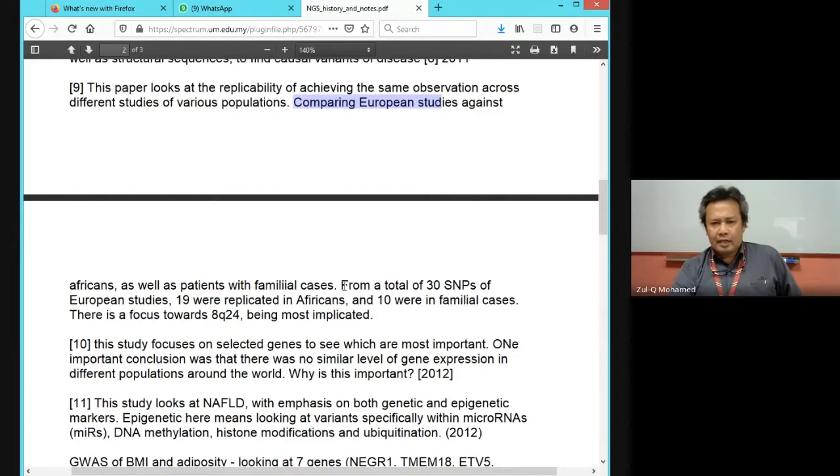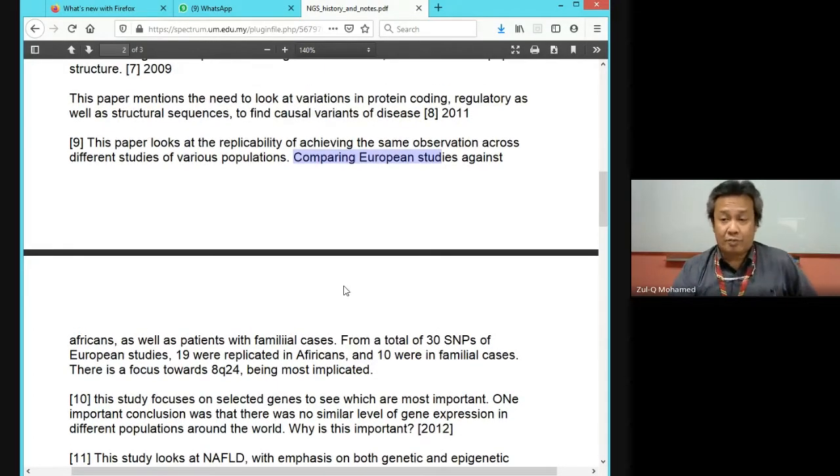But basically they found that when they compare all studies, there are 30 SNPs that are important, and of those 30 European SNPs, only 19 are actually applicable in Africans, and of that, only 10 are actually applicable to familial cases.